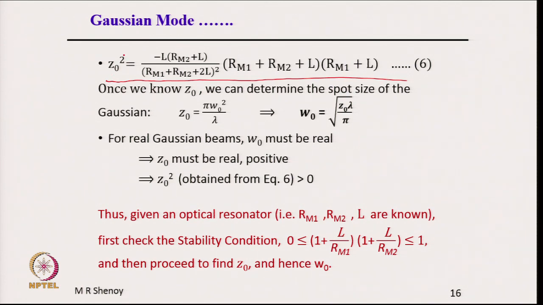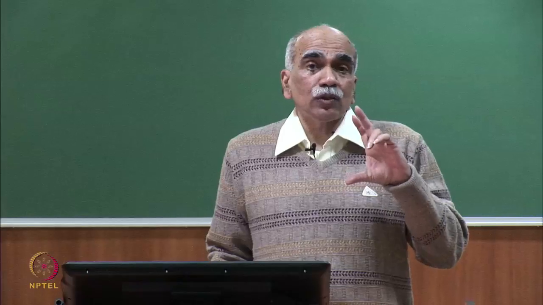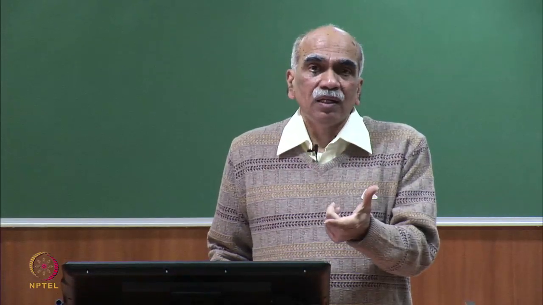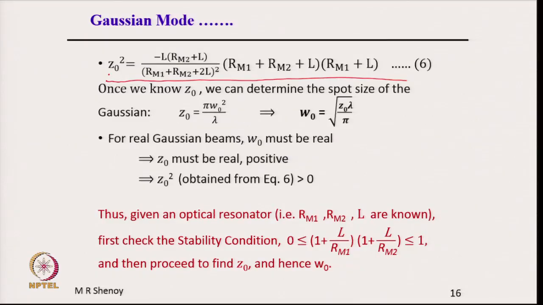So, what do we have? We have a given resonator, which means we know the radius of curvature R m 1 and R m 2 and L. Now, we have obtained expressions for Z 1 and Z naught in terms of R m 1, R m 2 and L. Therefore, once we know Z naught, we can determine the spot size of the Gaussian.